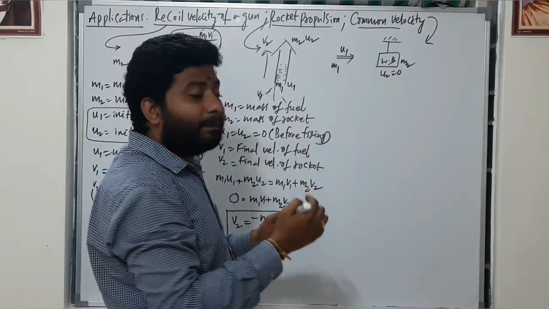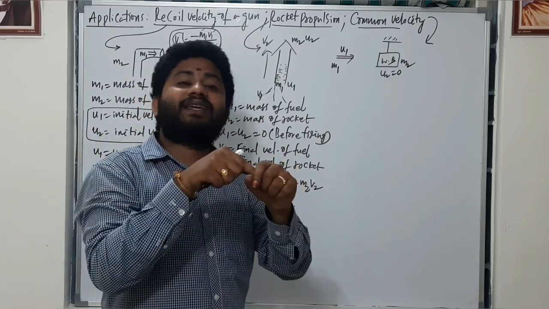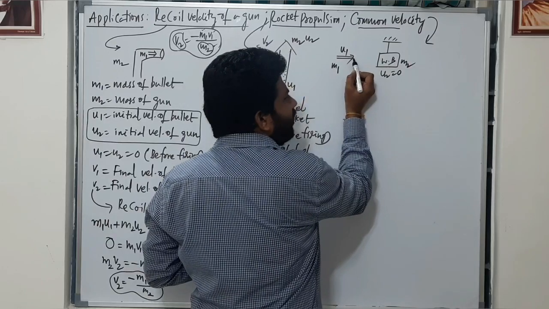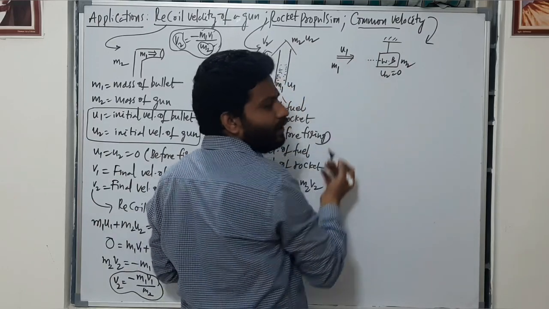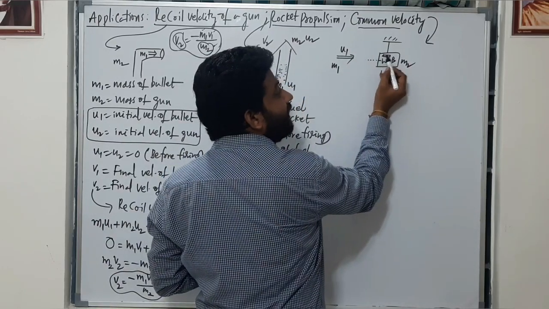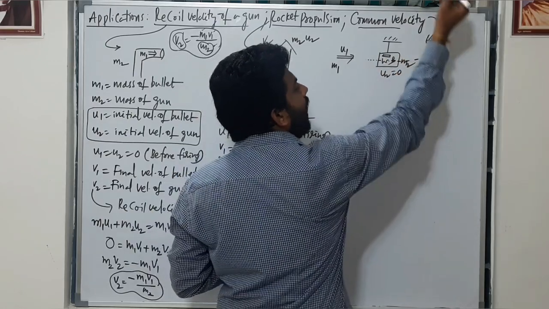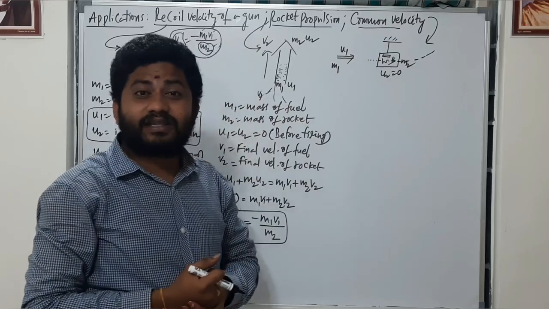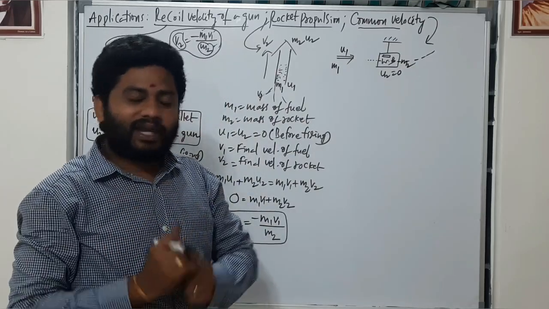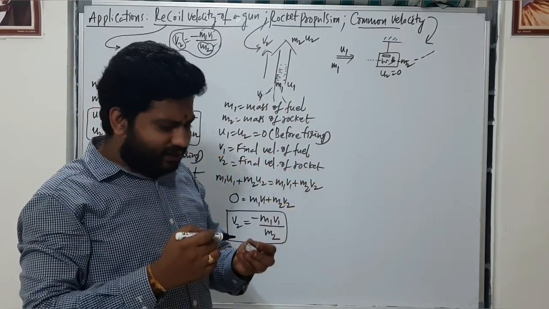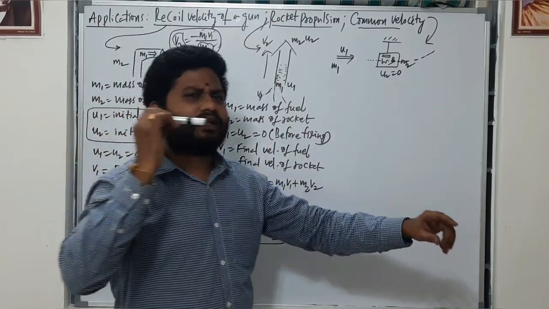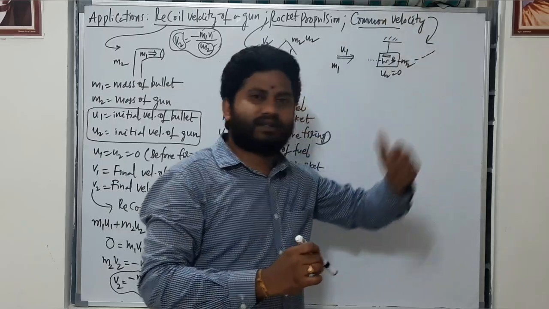So what happened after piercing into the wooden block? For example, look here, this bullet is moving with so much linear momentum and it will be fixed inside, and the wooden block and bullet together move with some common velocity for some time. Yes or no? Can you imagine the situation? There is a bullet moving fast towards a wooden block which is hanged somewhere.